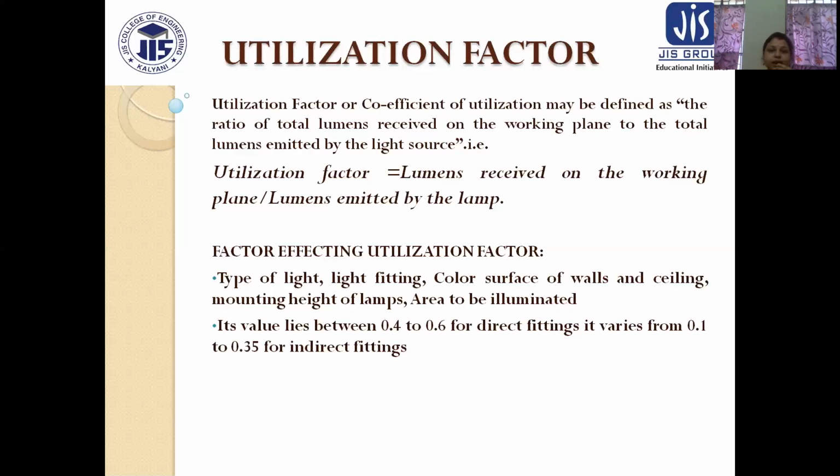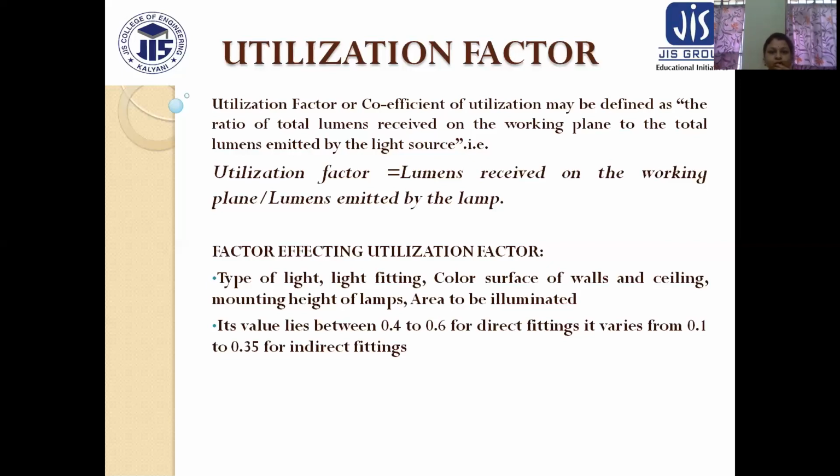So first of all, utilization factor. Utilization factor or coefficient of utilization may be defined as the ratio of total lumens received on the working plane to the total lumens emitted by the light source. That is, utilization factor equals lumens received on the working plane divided by lumens emitted by the lamp.